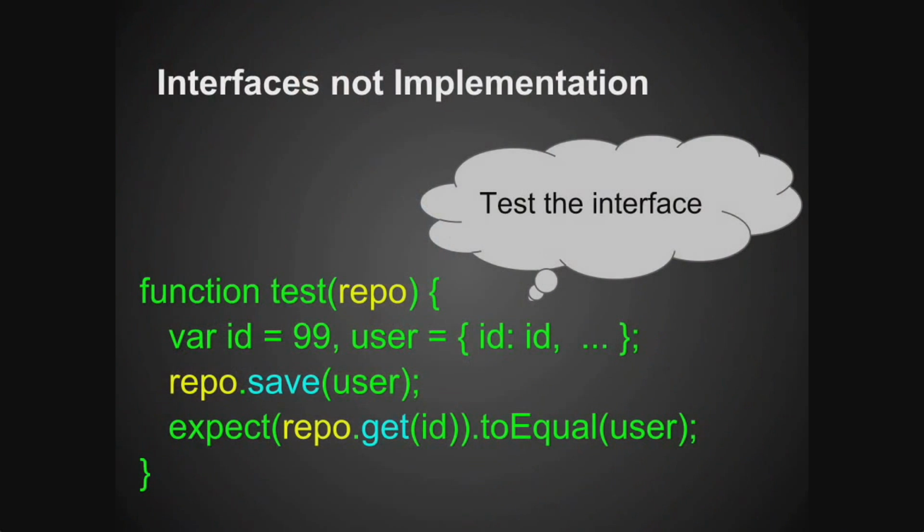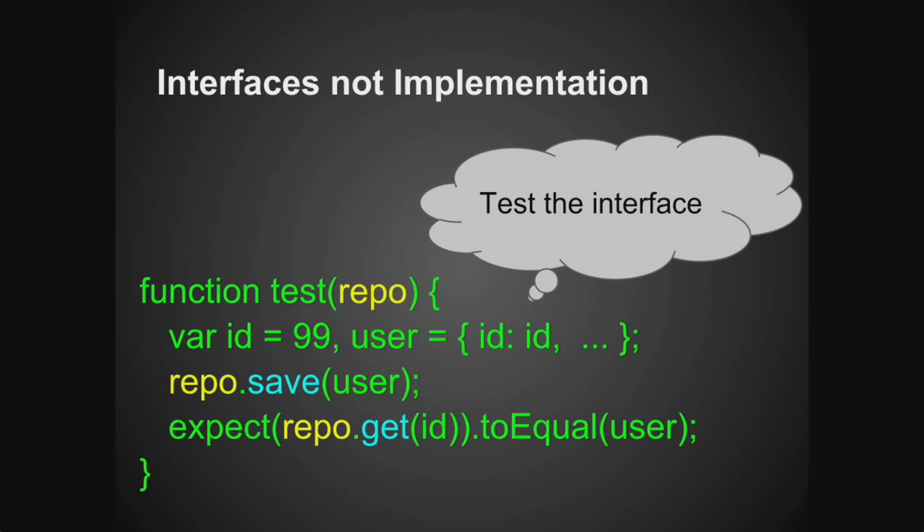And what's great when I have an interface like this, besides the fact that it's very self-documenting, is when I write my tests, I write tests to the interface. So here you can see I'm passing in a repo object. I don't care how this repo object is actually implemented.